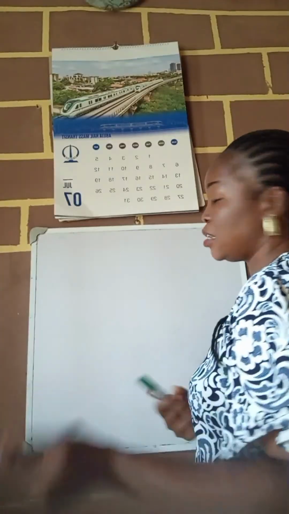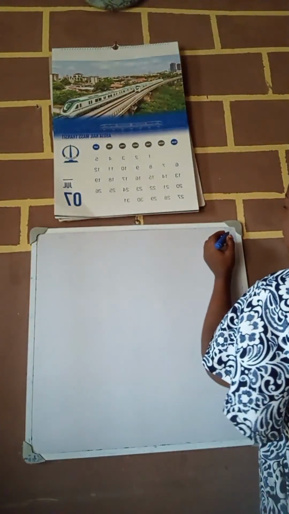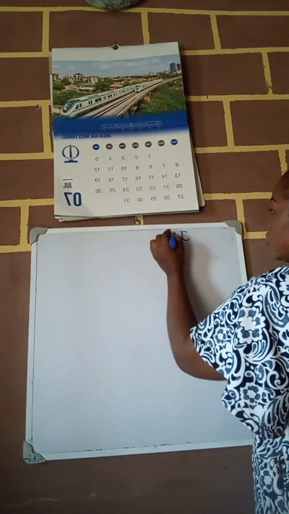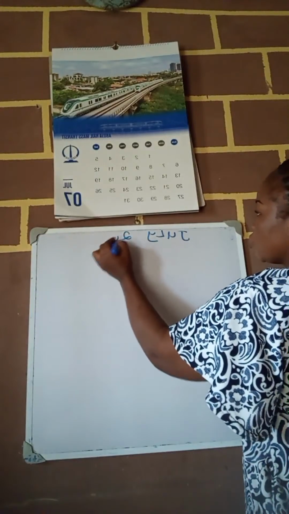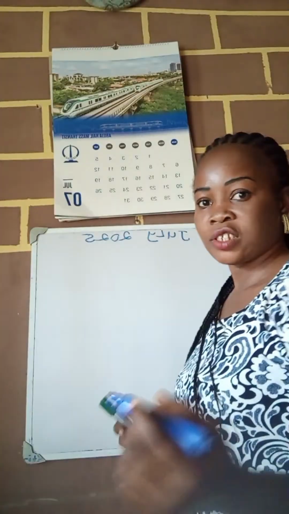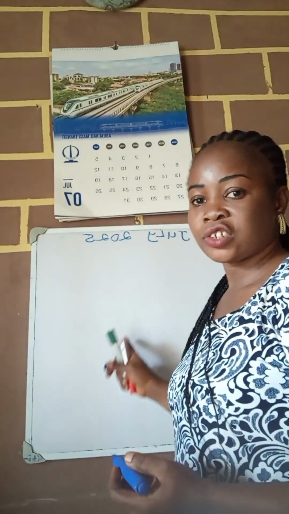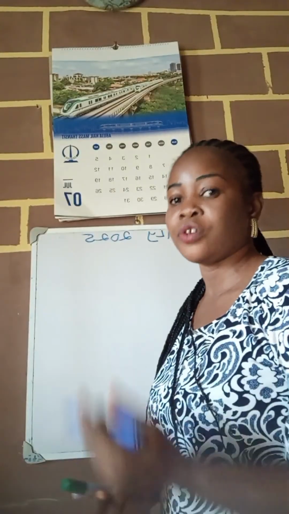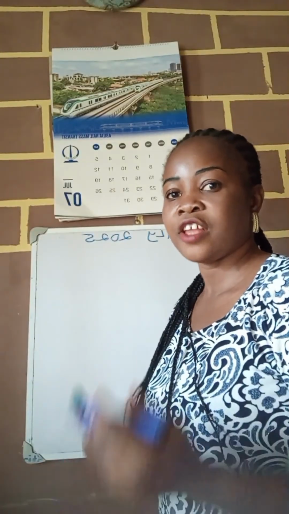I'll be using this marker board to do the illustration. This is the month of July 2025. You want to count menstrual cycle, and from there we get your ovulation, your fertile and infertile window.